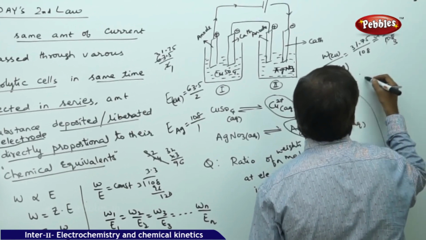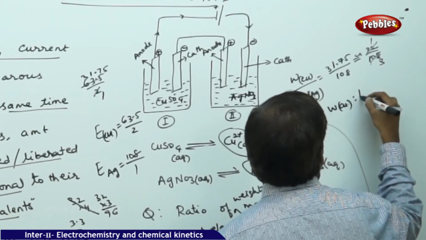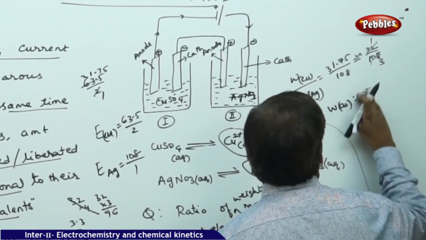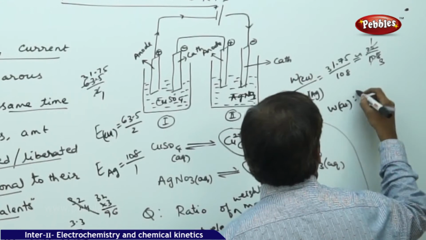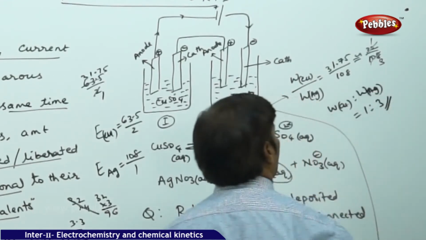Therefore the ratio of weight of copper to weight of silver is 1:3, which is the answer.